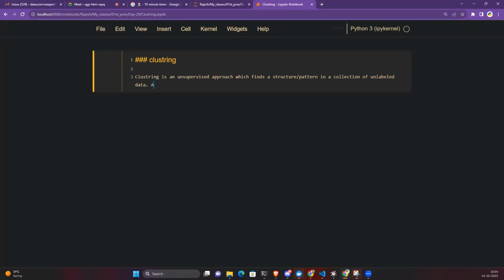Unlabeled data. A cluster is a collection of objects which are similar amongst themselves and are dissimilar to the objects belonging to a different cluster.